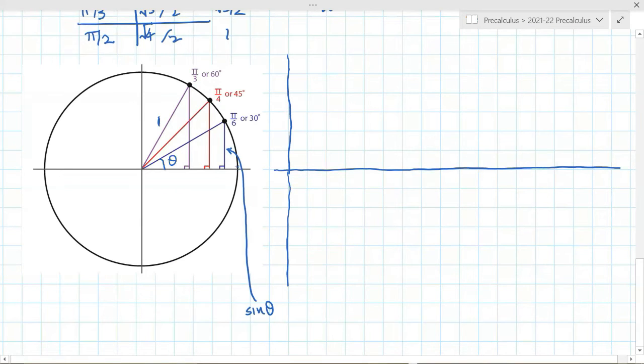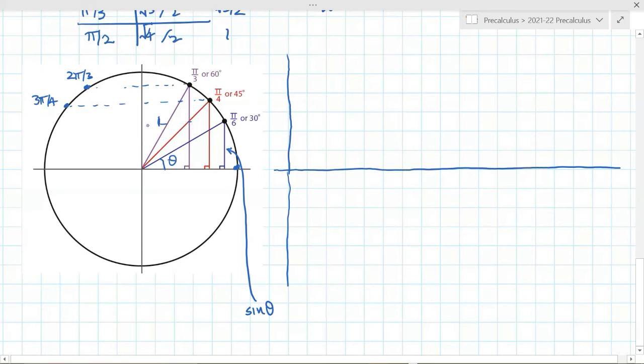As the dot goes around the circle, this is 0, pi over 6, pi over 4, pi over 3, pi over 2. And then 2 pi over 3, 3 pi over 4, right? Pi over 4, pi over 2, that is 2 pi over 4, 3 pi over 4.